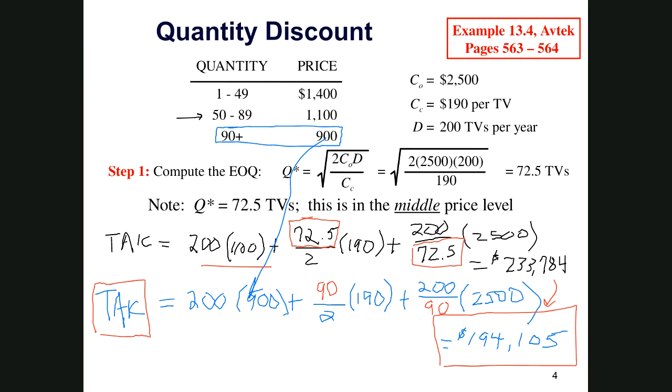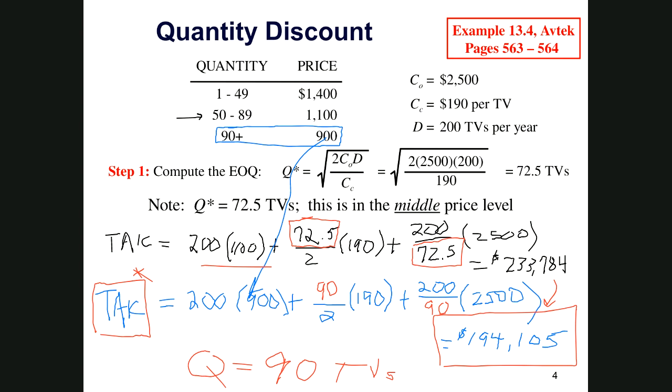So we would choose to order Q. Our order quantity would indeed be 90 TVs. And so that's the process for the quantity discount.